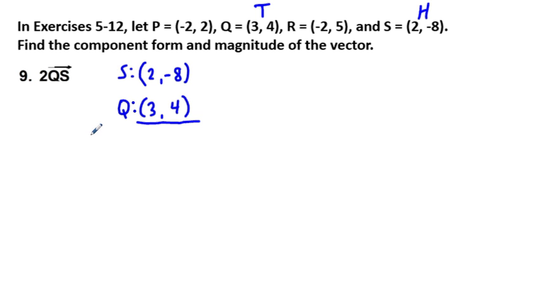And vector QS is equal to 2 minus 3, which is -1, and -8 minus 4, which is -12.